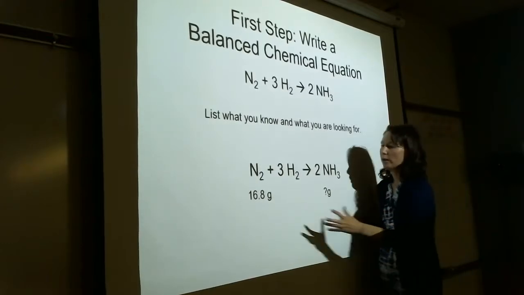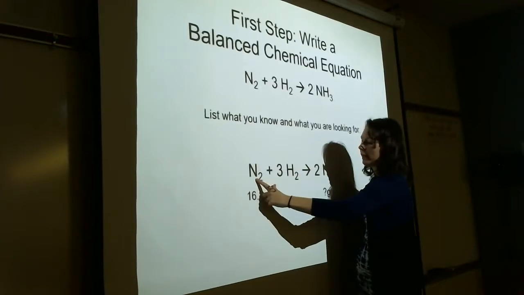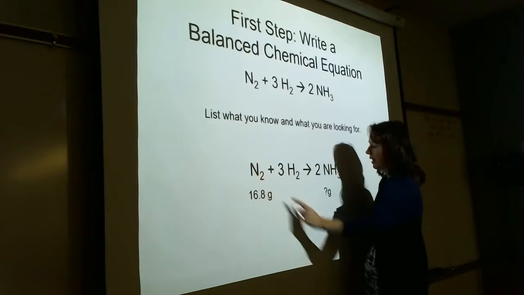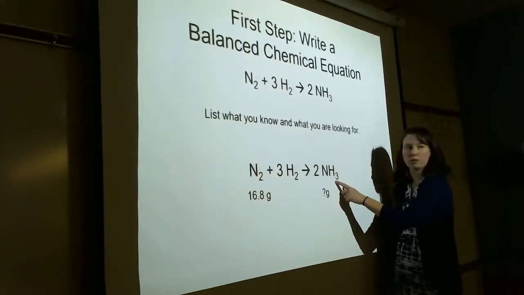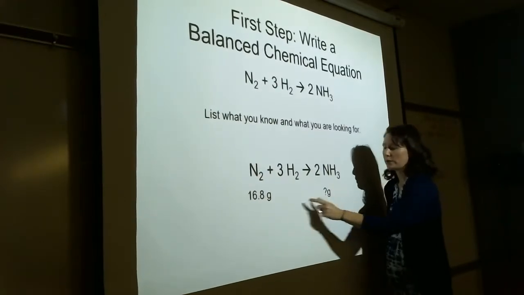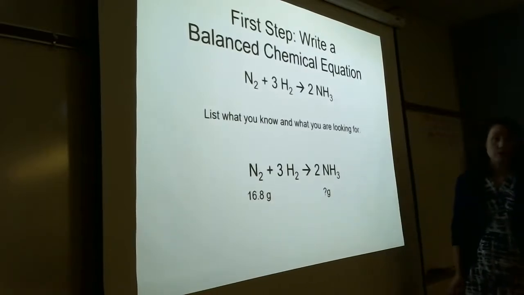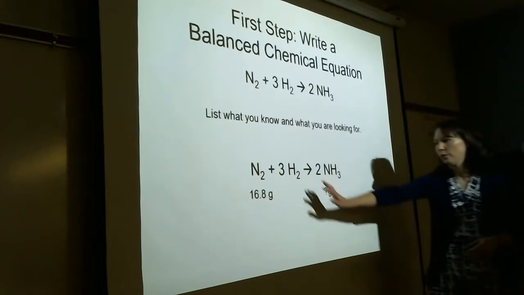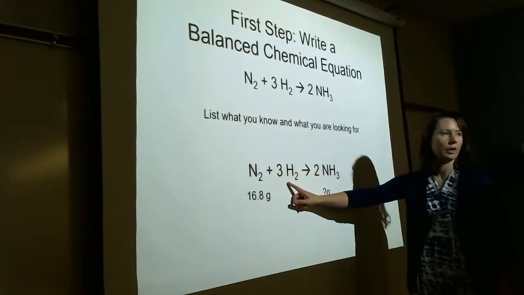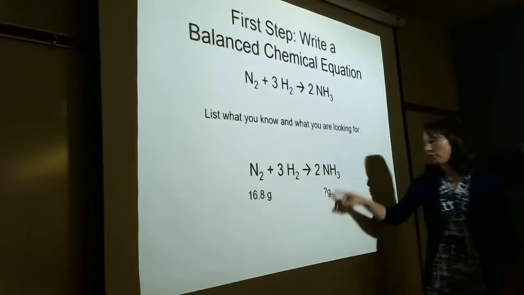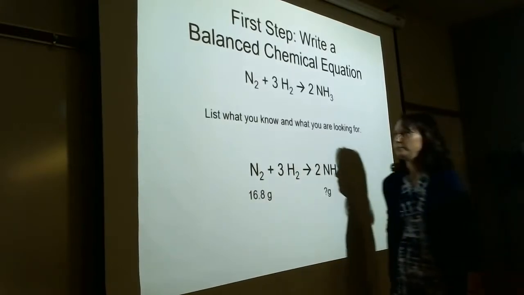I've got 16.8 grams of N2, so I don't accidentally plug it into the wrong substance, and I'm looking for grams of NH3. If you do it this way, that keeps you organized and you won't accidentally use the wrong substance. So in other words, is hydrogen gas going to even be part of our calculations? No. So we're just ignoring it. If you list what you know and what you're looking for, that helps you stay organized.